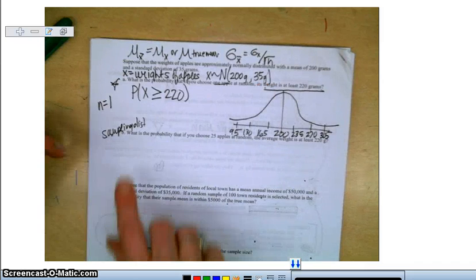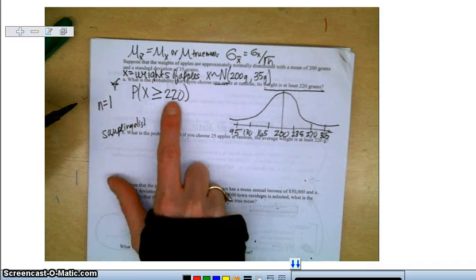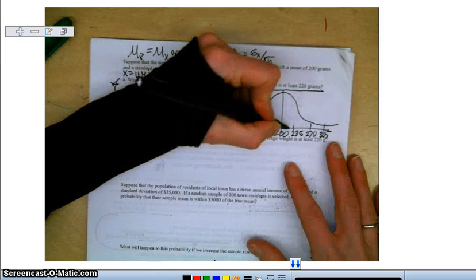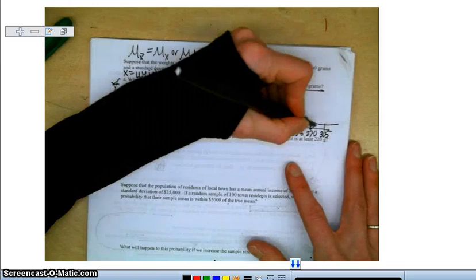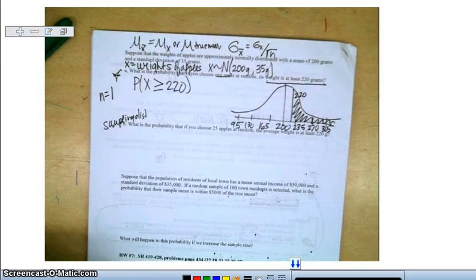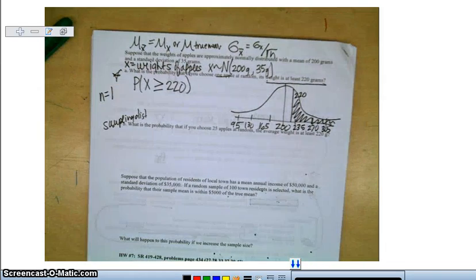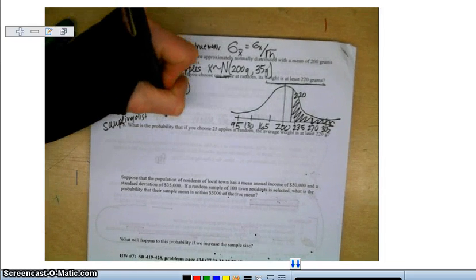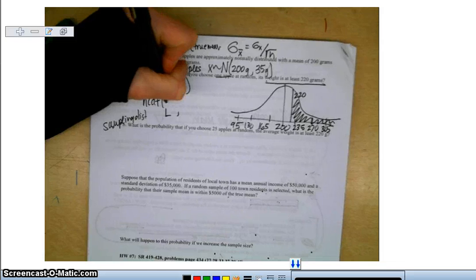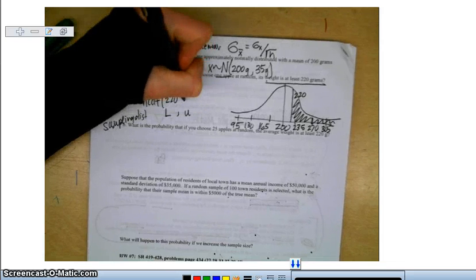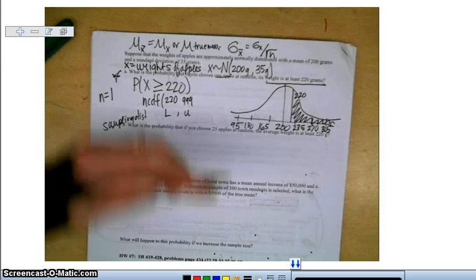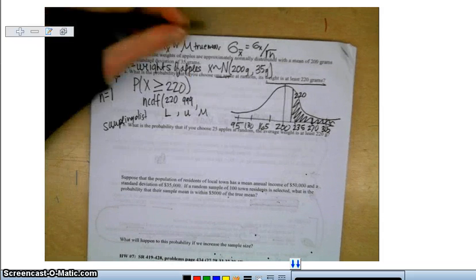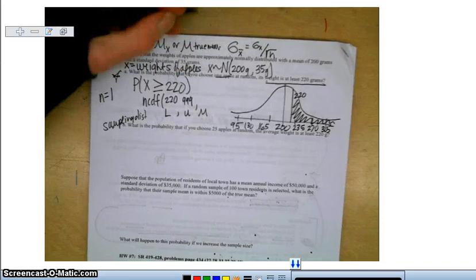Okay. So the probability that x is greater than 220, here's 220 about right here, and I want to shade above that. So how am I going to figure that out? Very good. I'm going to do normalcdf. What is my lower bound? 220. What is my upper bound? At least 999 you have to put in. What is my mean? 200.